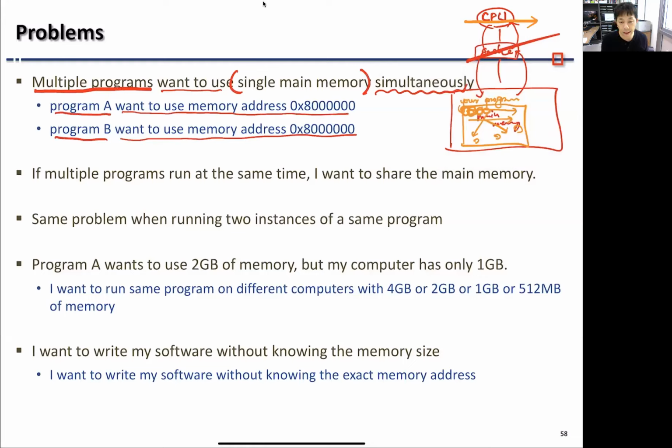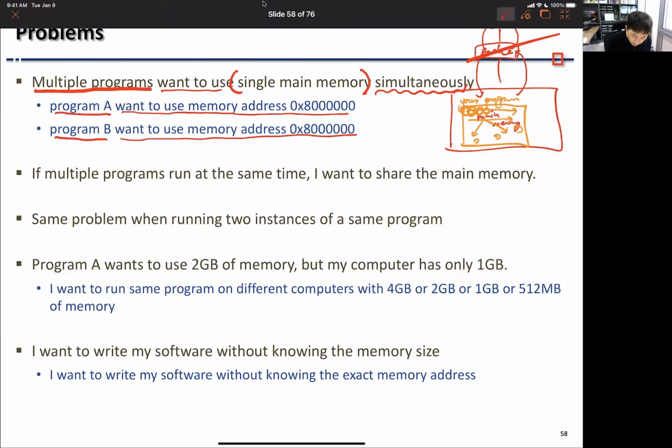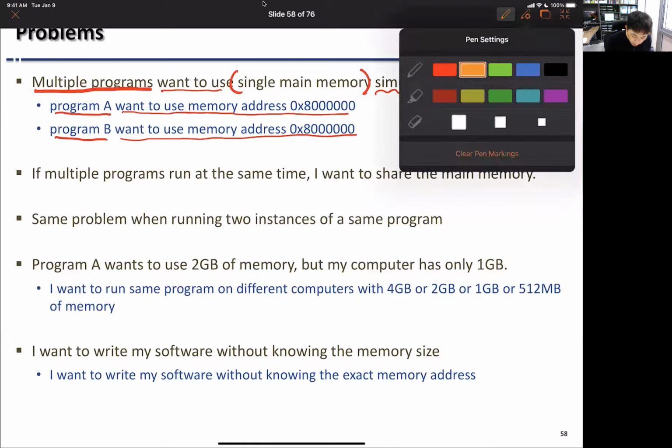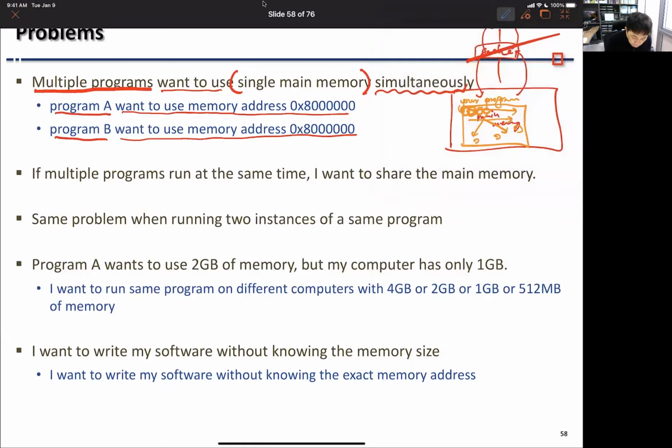What happens then? Your program is running here, but at the same time you want to run a second program, and let's say that second program is also using the same memory address. So we have a problem. We cannot do this. This is impossible. So what can we do?